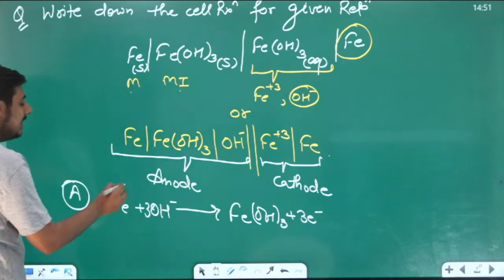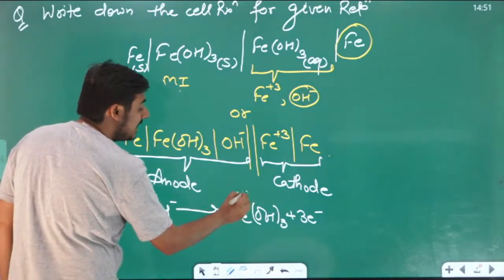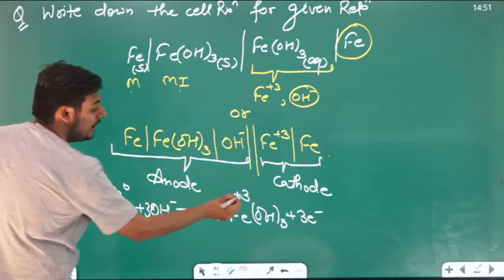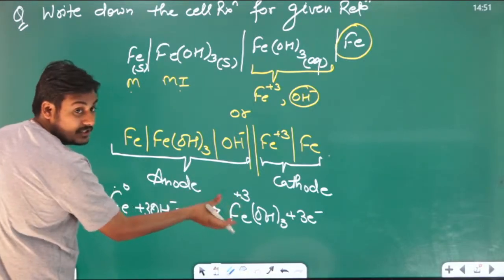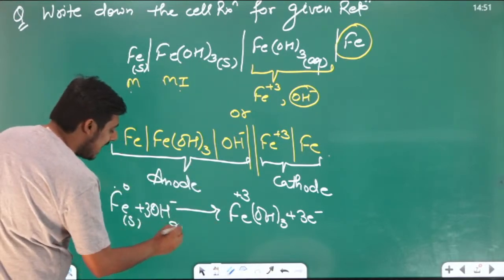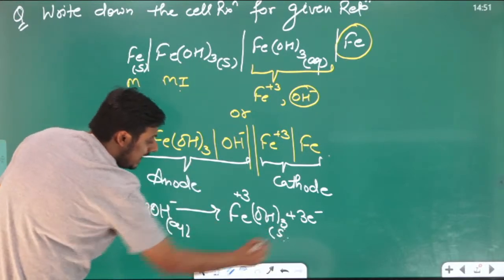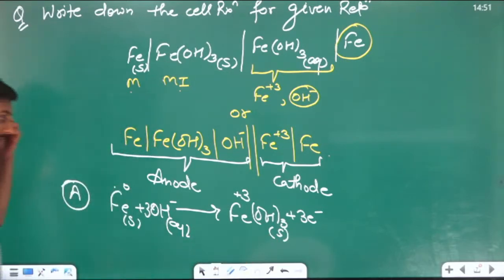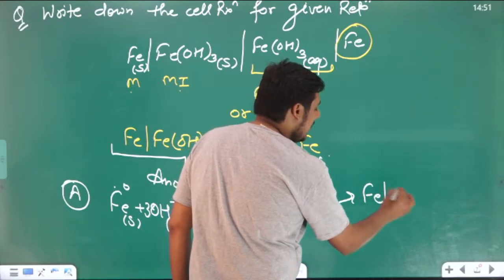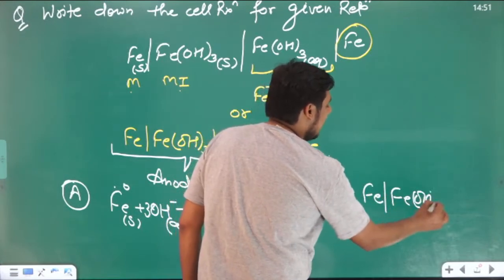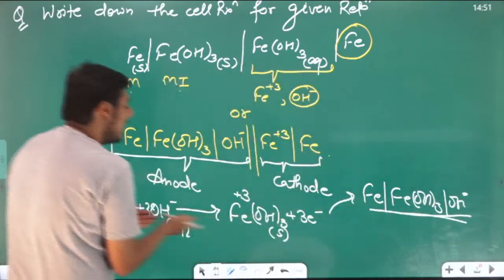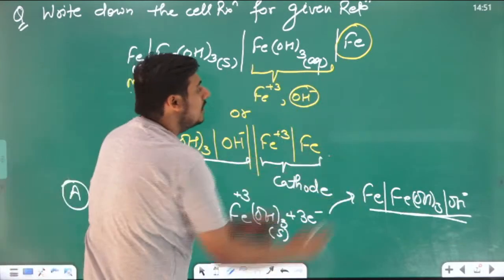It will liberate electrons equivalent to the change in oxidation state from Fe0 to Fe plus 3, which is the oxidation state of Fe in this salt. This is solid, this is aqueous, this is again solid. We represent this as Fe(OH) whole thrice, with the presence of OH negative. By representation I can write the reaction, and by reaction I can write the representation.